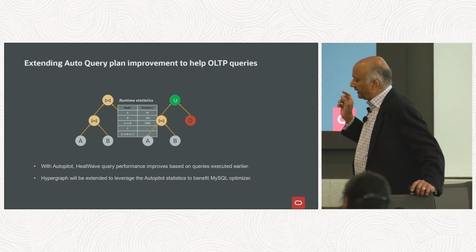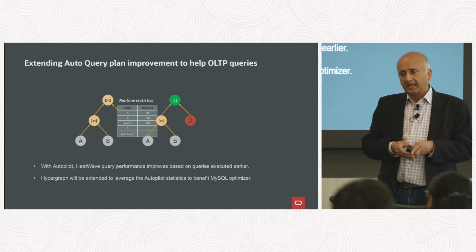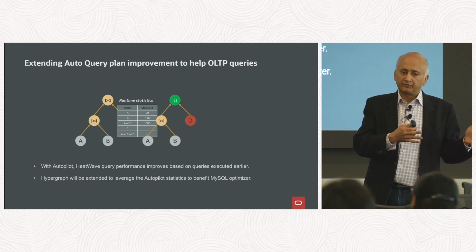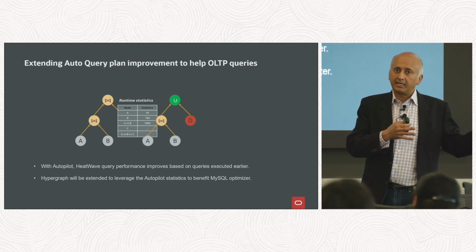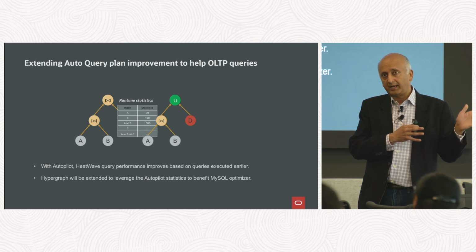This is one of my favorite features which we have in Autopilot, where already for HeatWave, as you run more queries, the system learns from the previous queries. It learns from, say, the cardinality of the various columns or the selectivity of the various predicates which were executed in prior queries.